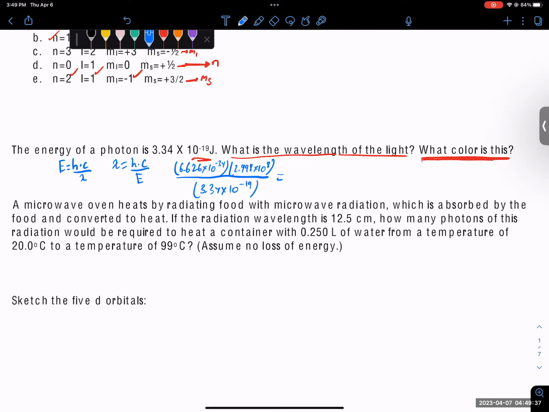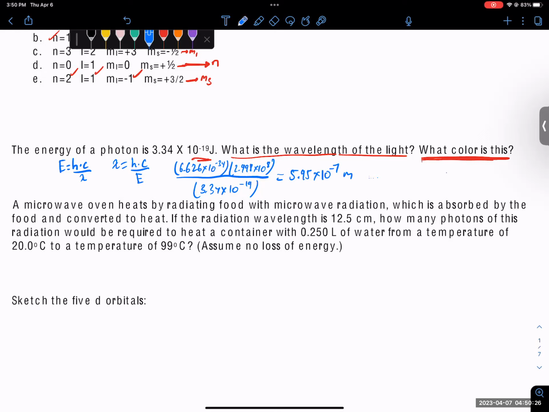All right, so if we plug this into our good old fashioned calculator, 6.626 times 10 to the negative 34 times 2.998 times 10 to the 8th, and that is all divided by 3.34 times 10 to the negative 19, we will get an answer of 5.95 times 10 to the negative 7 meters.